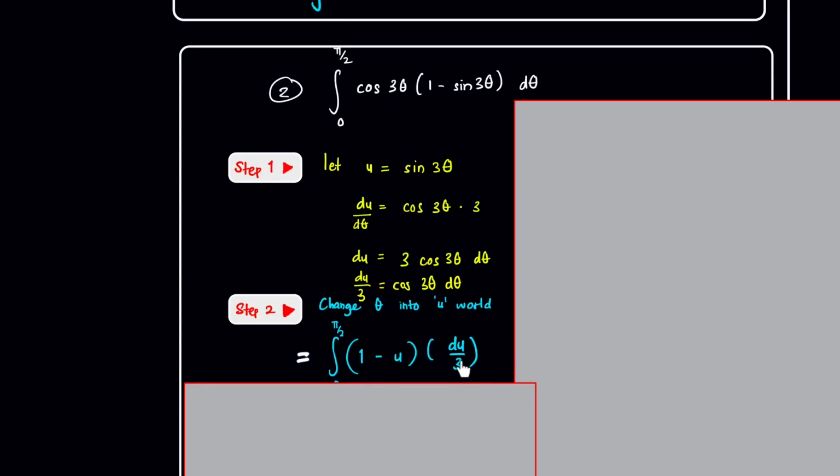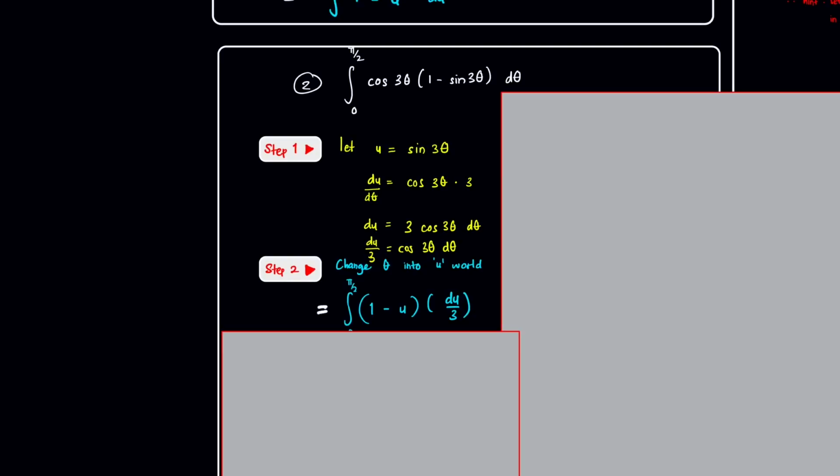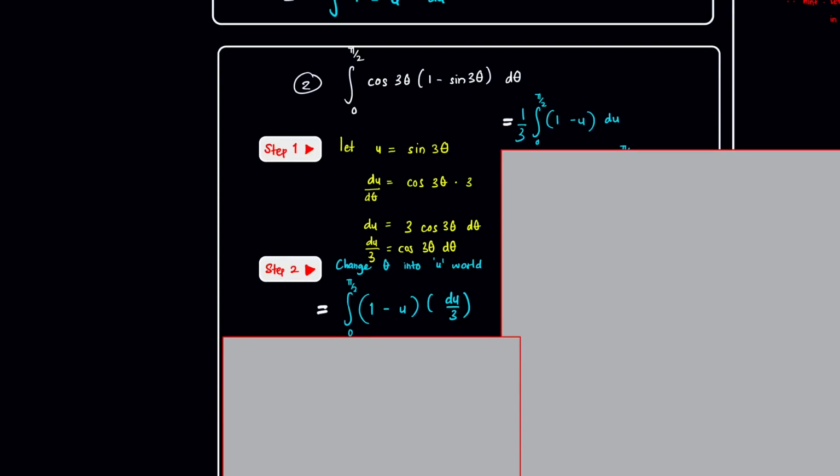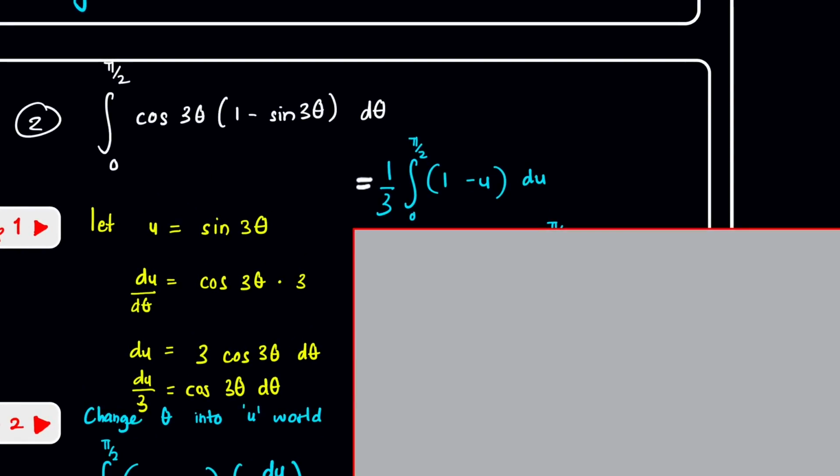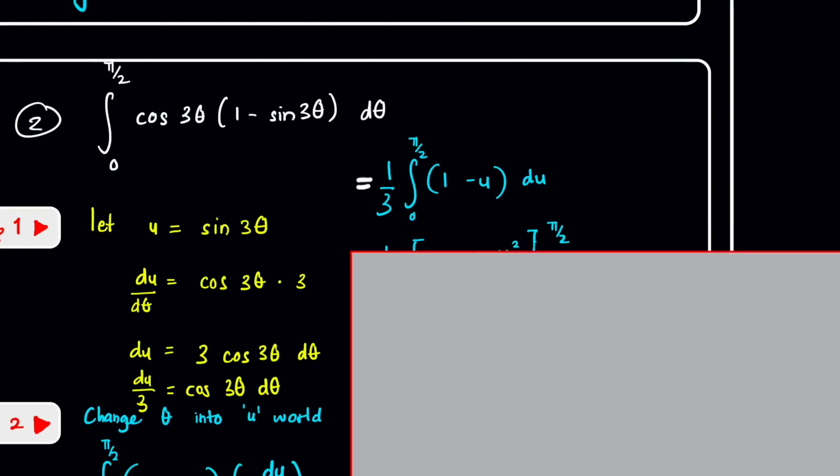And then since this 3 is just a normal coefficient, you can take it out of this integral. So your equation will be 1 over 3 multiplied with all this integral. Then you can integrate this as usual.